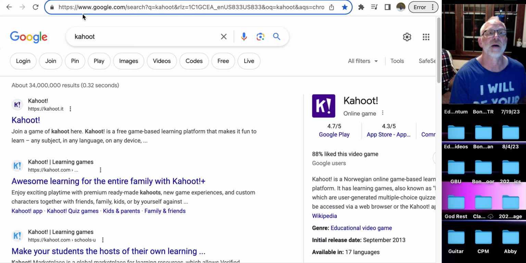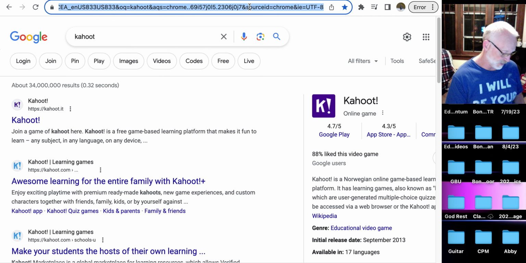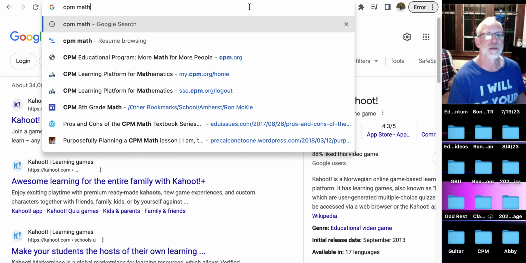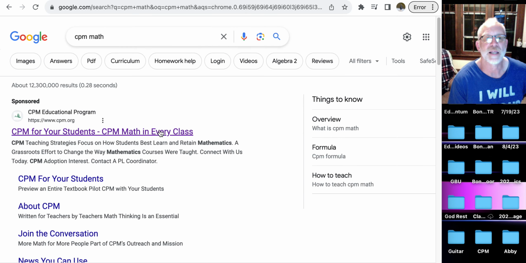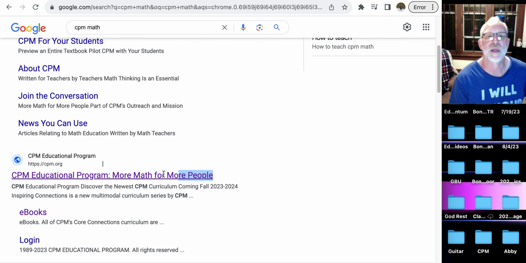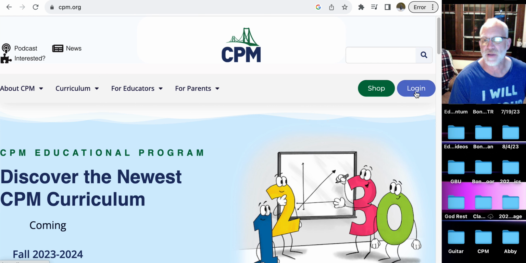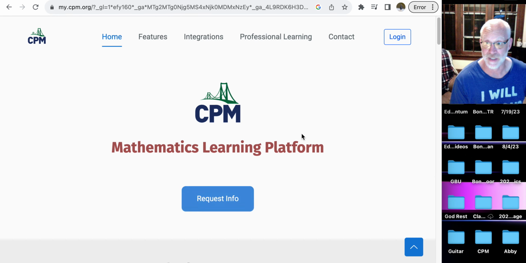And then now we're going to get into our ebook. So we're going to go to CPM Math. And I like to go to the one that says More Math for Every People. And then when we get there, we have to log in. If you have your Chromebook again, you can just find that Google G. If you don't have your Chromebook or you're on a different device, you may need to remember your school username and password.